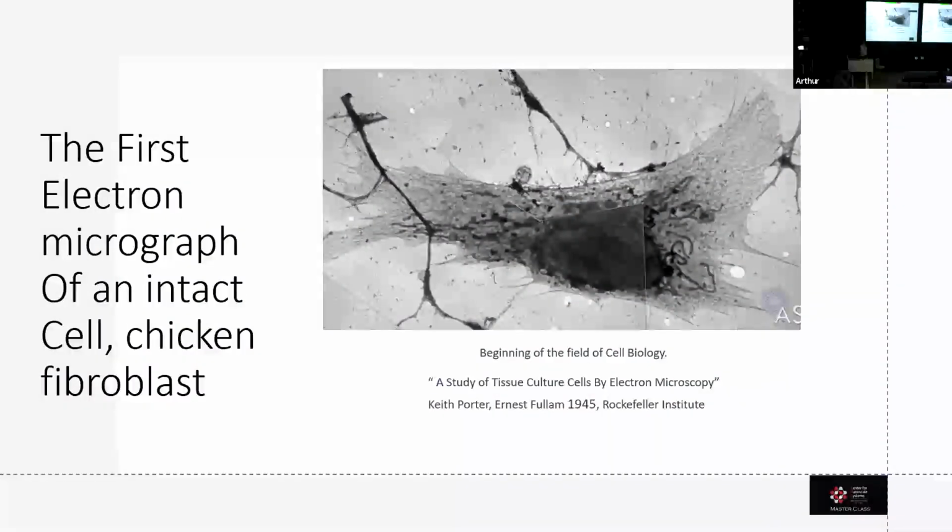So this is also an example of one of the very first electron micrographs of a whole cell done at the Rockefeller Institute. If you look closely, you can see the mitochondria very clearly. You can see ribosomes very clearly. You can see the endoplasmic reticulum, if you know what you're looking for, actin bundles, actin filaments, and the big black nucleus in the center.